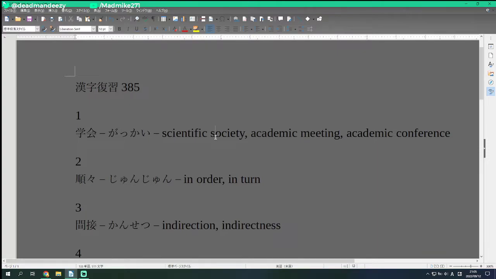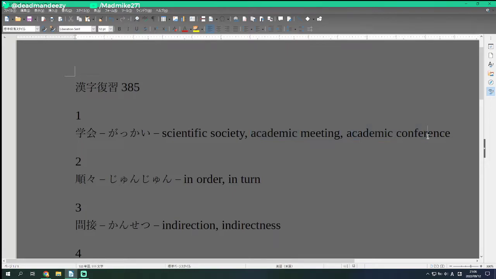Our first word of the day is gakkai. Gaku on the left side meaning study or learning, and kai on the right side meaning a meeting. So a gakkai is a scientific society, an academic meeting, a learning meeting, or an academic conference.